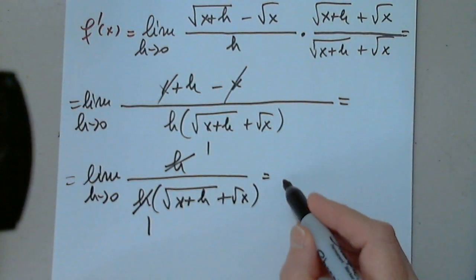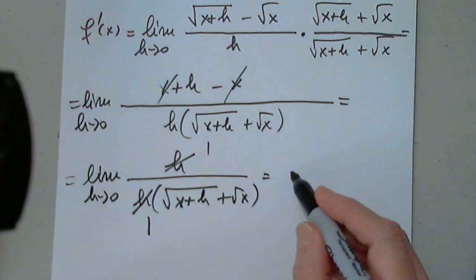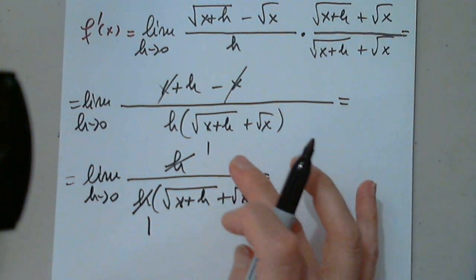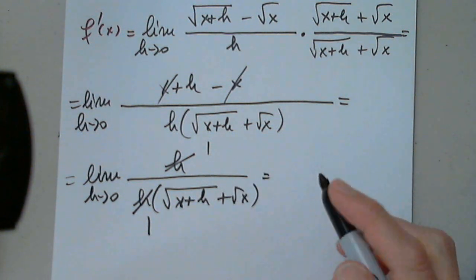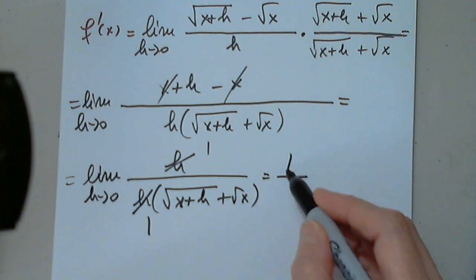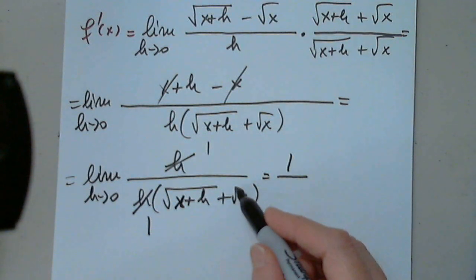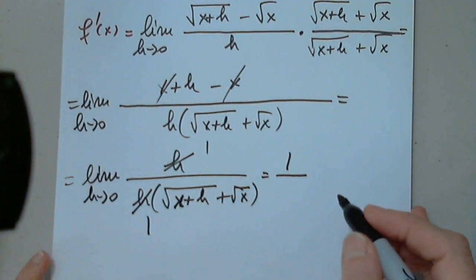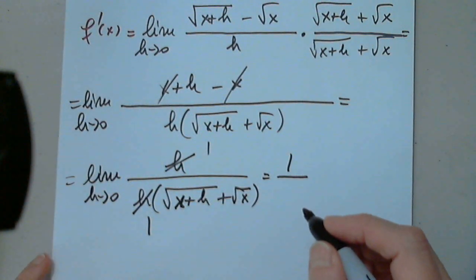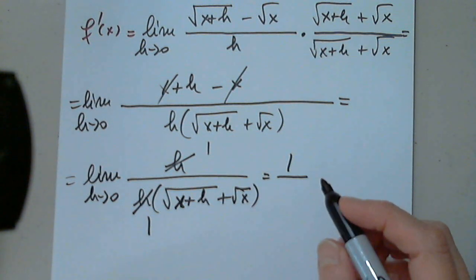What is the final answer? The numerator is 1, yes, and the denominator is root. Say it a little bit louder. You probably said it, but I didn't hear it.